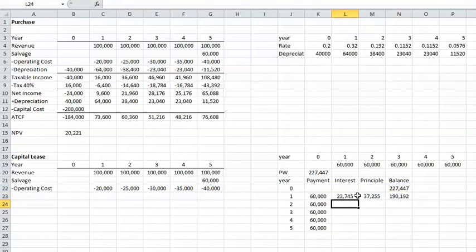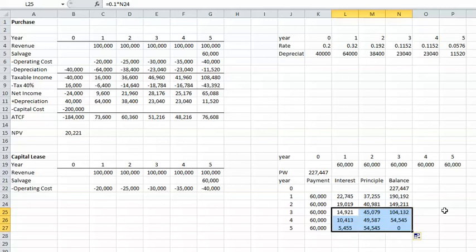For year 2, same method: 10% multiplied by the balance of the previous year. The principal equals the payment minus interest, and the balance equals the balance of the previous year minus the principal. And same for year 3 and so on. We can just apply this equation to the other years.